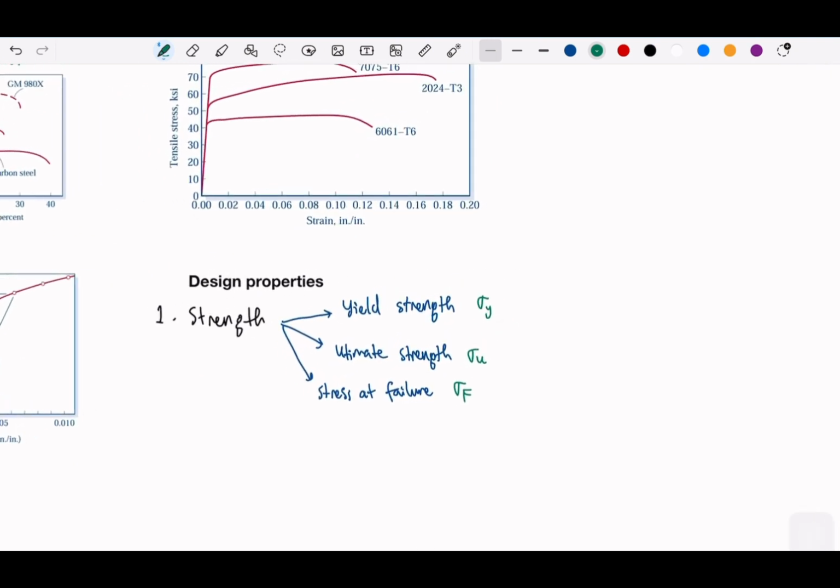The definition of the yield strength is the strength required to make a material start to have plastic deformation.